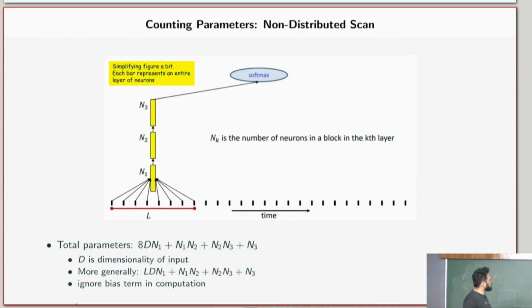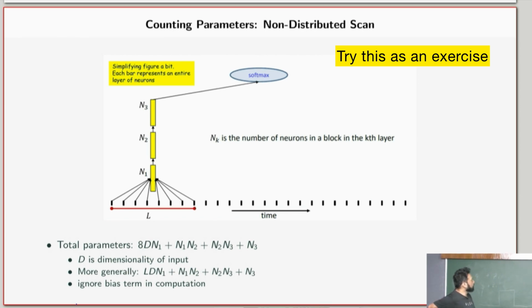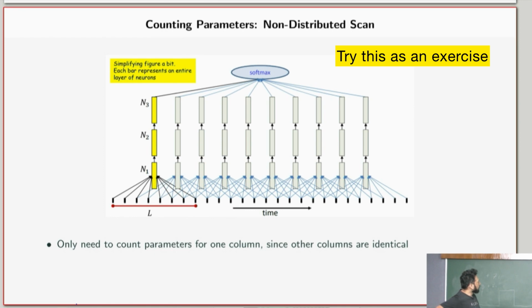So I guess I can conclude for today. One more thing: I will leave this up to you to verify. I will leave this in the slides, that if you do distributed scanning, then it's cheaper compared to this, which is not distributed scanning, and you can calculate the parameters used. In this case, the input is 8, and D is the number of neurons, I guess, or the dimensionality of the features. Yeah, D is the dimensionality of the input here. So overall, this will be the total number of parameters, and one can count over this.